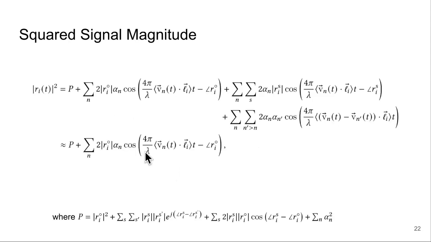So the squared signal magnitude can be written as this. If you do the math, eventually you get these. Note the frequency term, and P is the DC component.